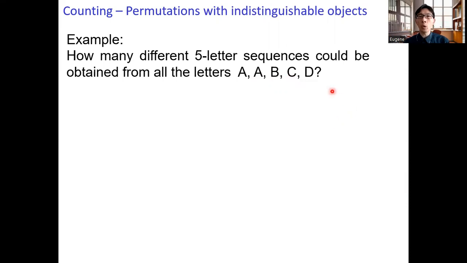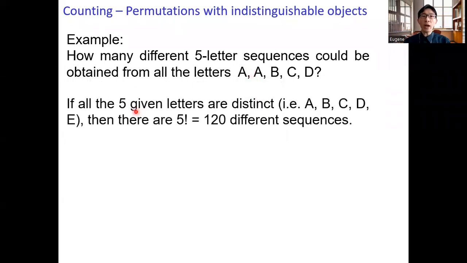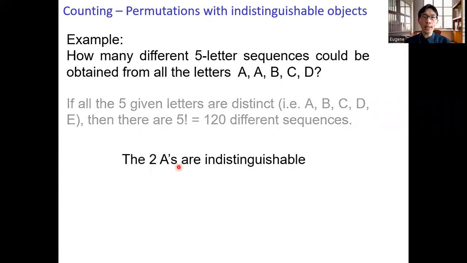So they are not all distinct. The letter A is repeated. If all the 5 letters are distinct, for example, A, B, C, D, and E, then there are 120 different sequences. But now the 2 A's are indistinguishable.